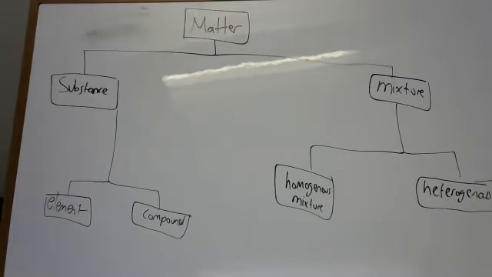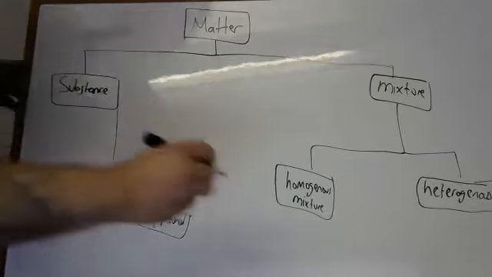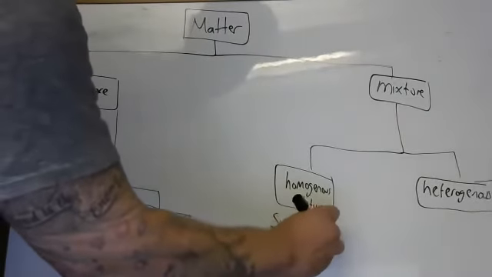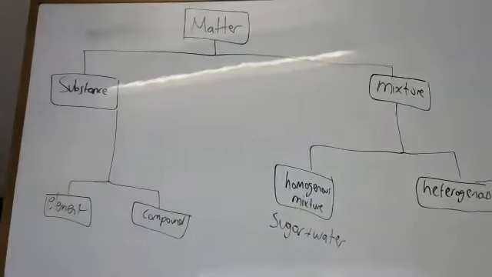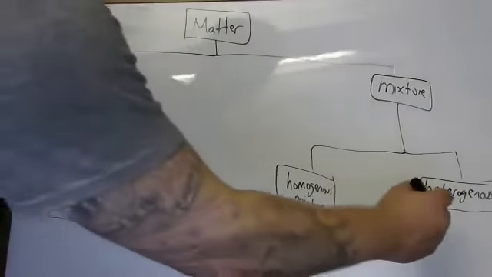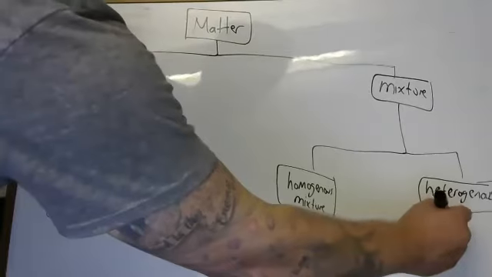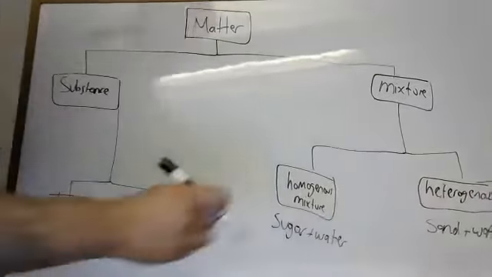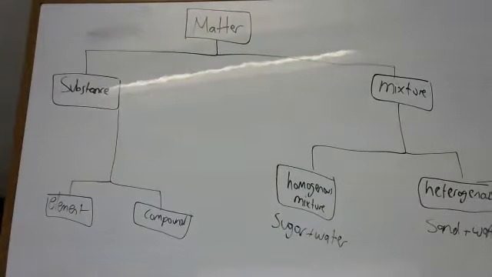So if you were to look at sugar and water, heterogeneous, we're talking about sand. So homogeneous mixture is sugar and water.